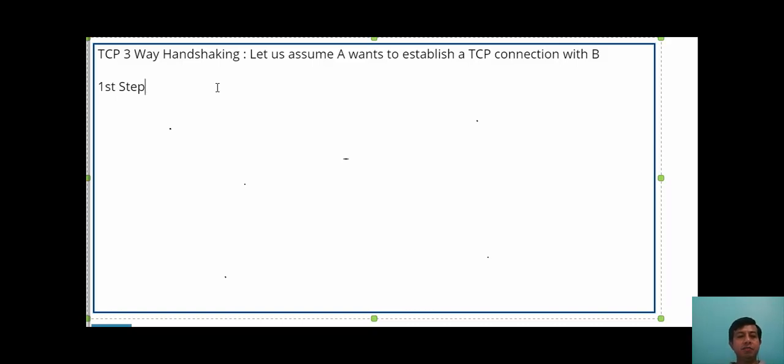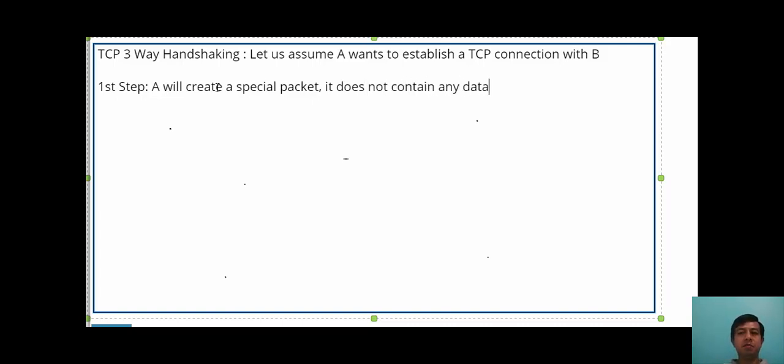In the very first step, A will create a special packet. Special packet in the sense that it's a specific packet to create the connection. It does not contain any data.